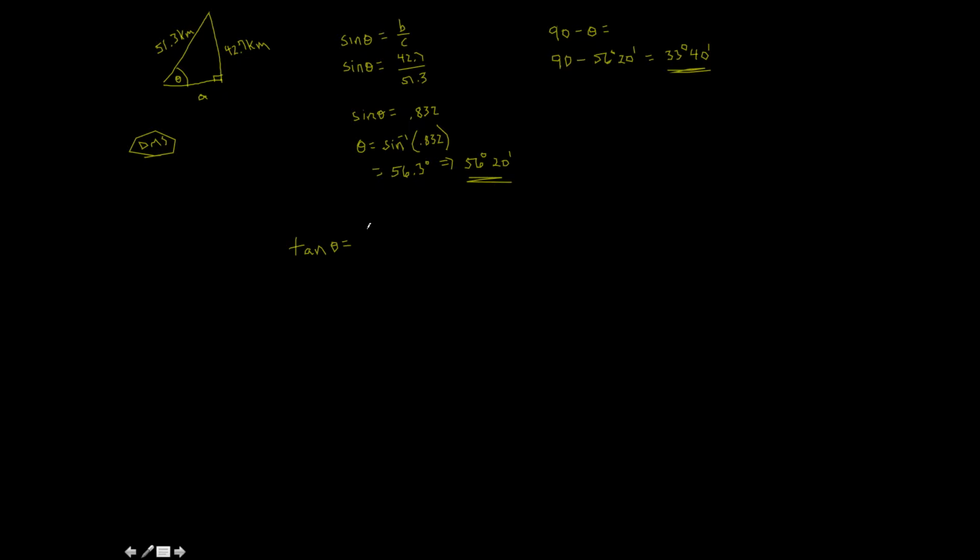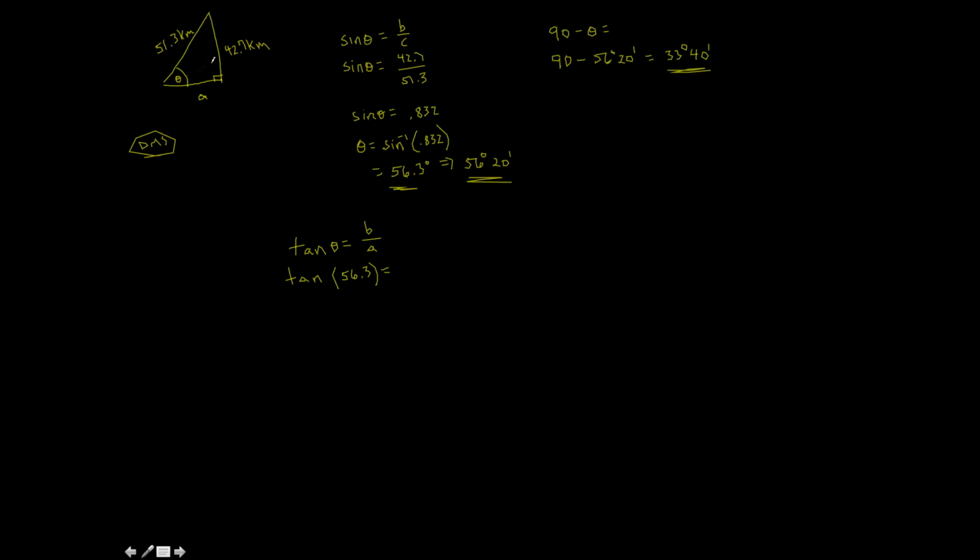Tangent theta equals B over A. So what is theta? Well, we figured out that theta was 56 degrees, 20 minutes. Now, you're going to have to change that back to decimal degrees anyway to type it in your calculator. So I'm just going to go ahead and write that as 56.3, since we already know the decimal degree version of it, and use that in the calculator.